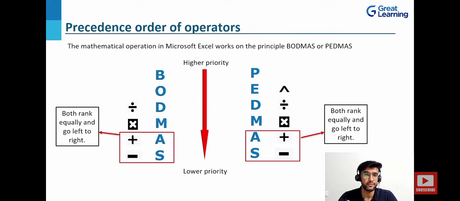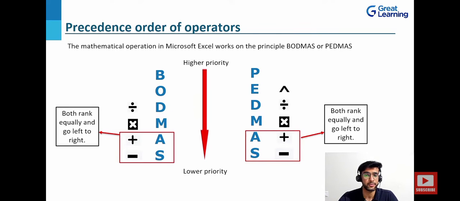Or if Excel first finds the subtraction, it completes the subtraction and then adds the next number. So whichever goes from left to right, whichever Excel first identifies is what is going to be calculated, right?